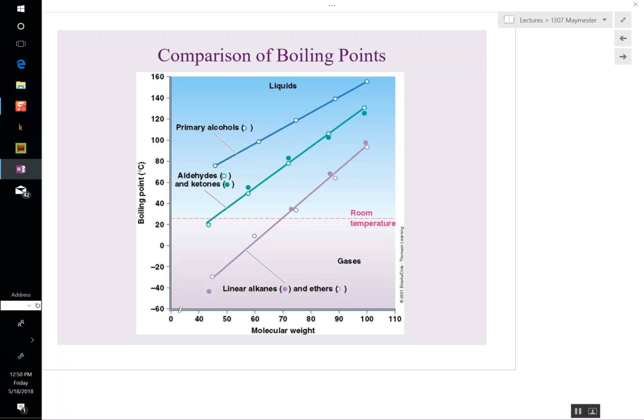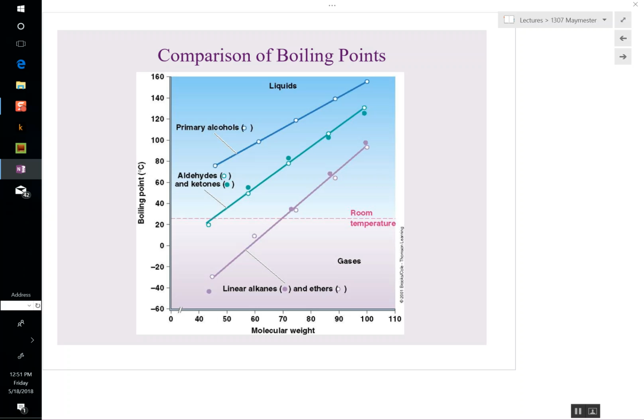But now, what if I just slice right up through here? I go from an alkane, aldehyde and ketone, alcohol. Very similar molecular weights. But the alkane has always got a lower boiling point than the aldehyde and ketone, which always has a lower boiling point than the alcohol. All right? Try to absorb that graph. That's what that's saying.